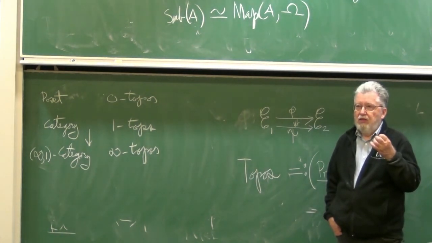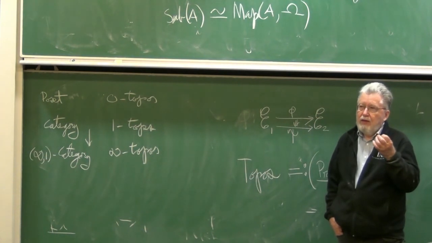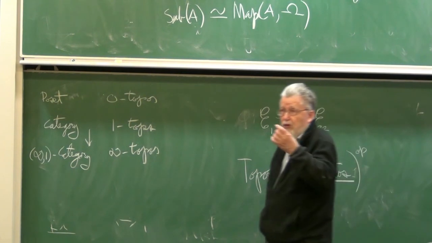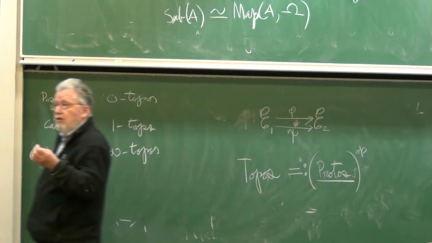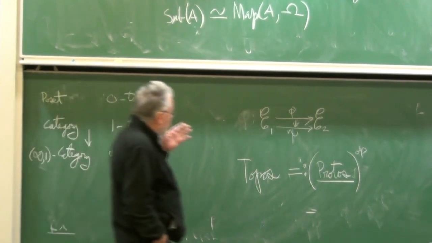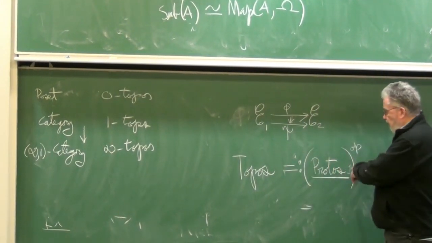But this condition is equivalent. I mean, a functor between presentable categories has a right adjoint if and only if it preserves colimits. So the right adjoint is like a superstructure that comes. Okay, that's very useful. The right adjoint is very useful. But I would say it's not part of the basic structure of the category of protoi or topoi.